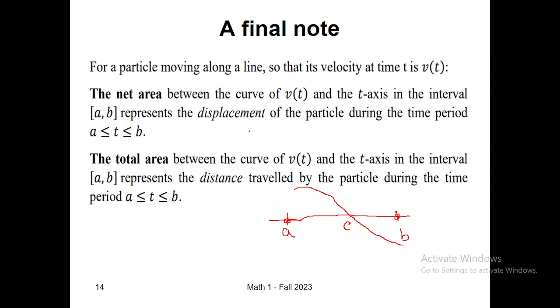So you calculate the displacement. But now if you want to find the total travel distance, here we have some distance, and here we have another travel distance, irrespective of the sign. So you have to integrate from a up to c, and then integrate from c up to b, and then add the results irrespective of the sign, in absolute value.